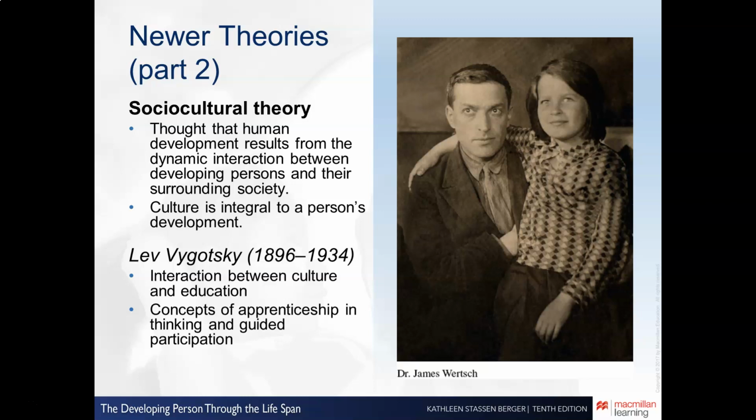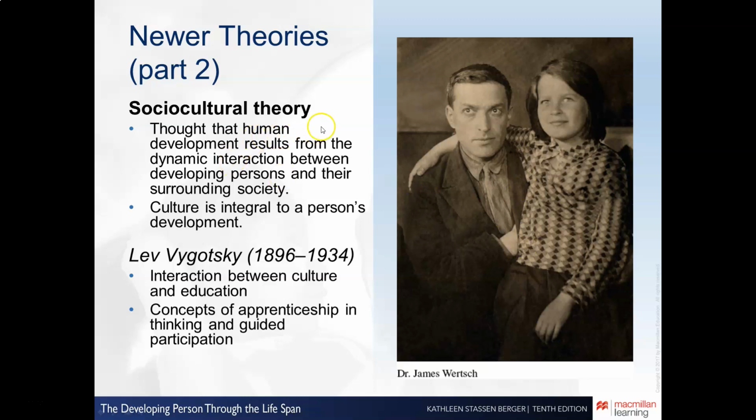Now, newer theories, what's important to understand is they eventually started to combine a lot of the other, older theories, and come up with a more insightful, more all-inclusive type of theory. And one of those was sociocultural theory.